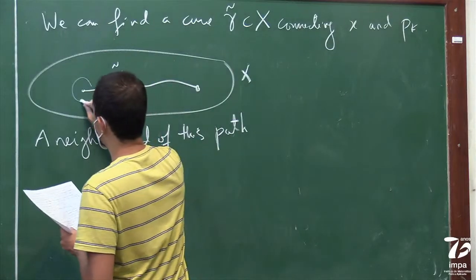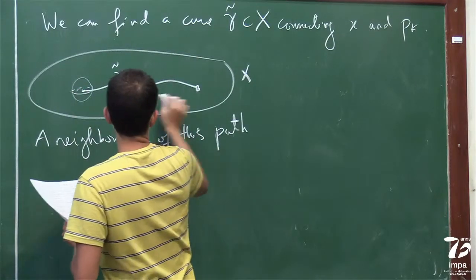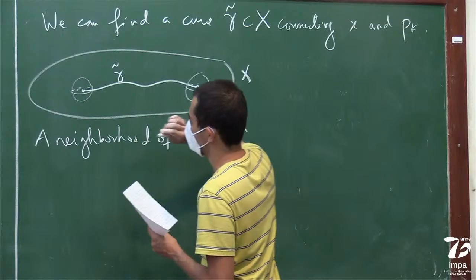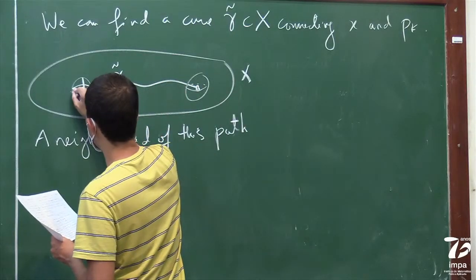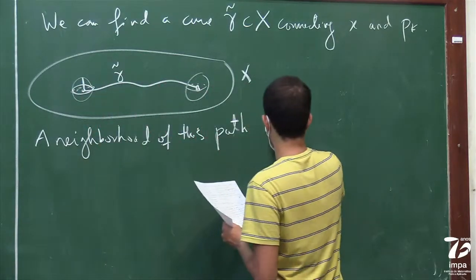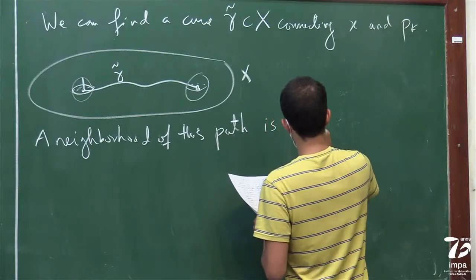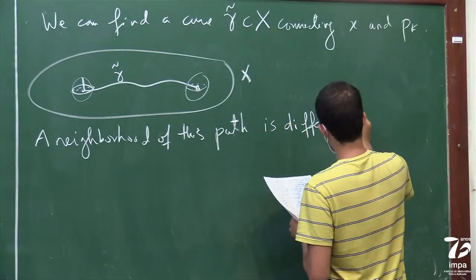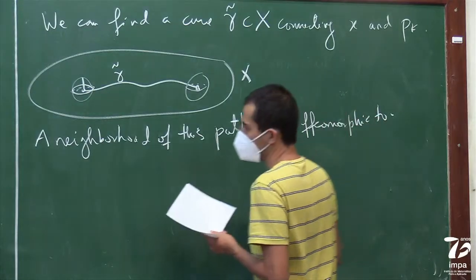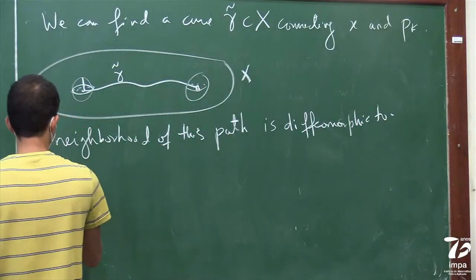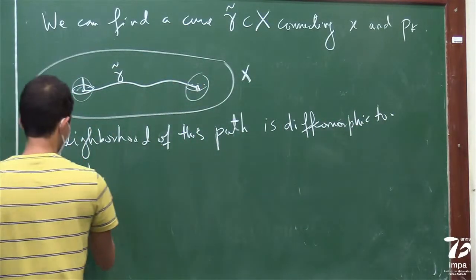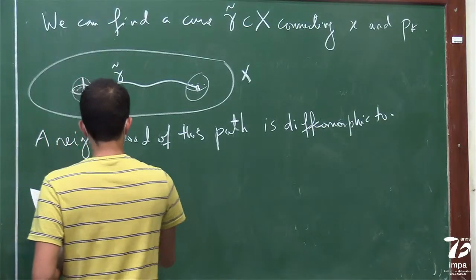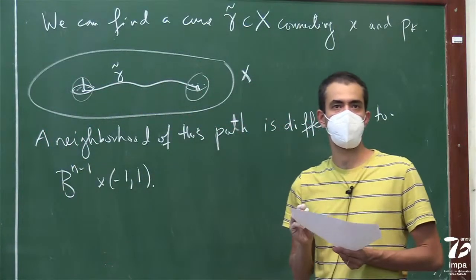is diffeomorphic to a little ball in dimension n minus 1, which is the part in x, times an open interval (-1, 1).